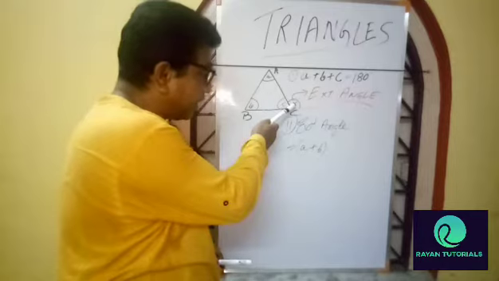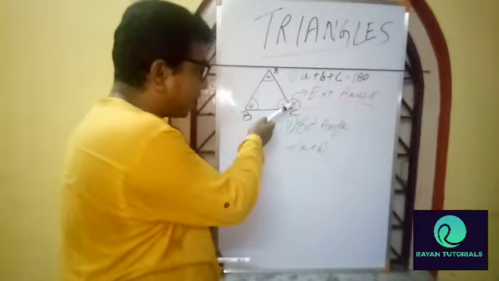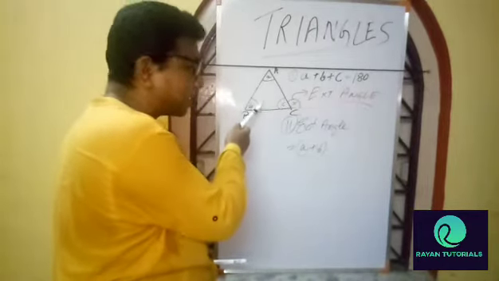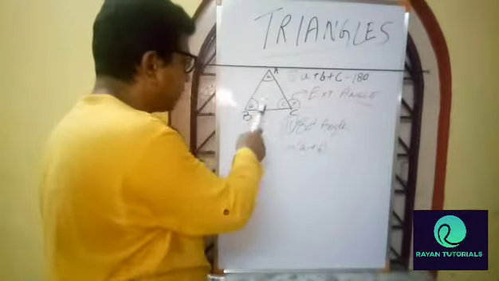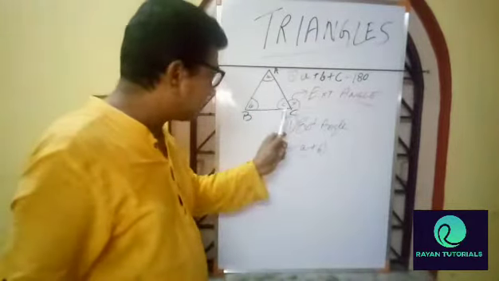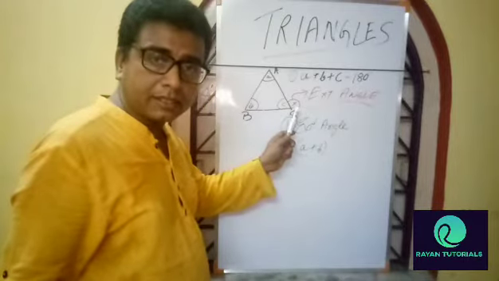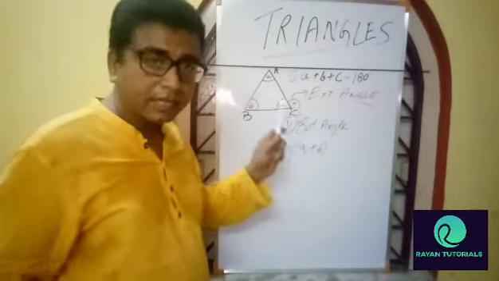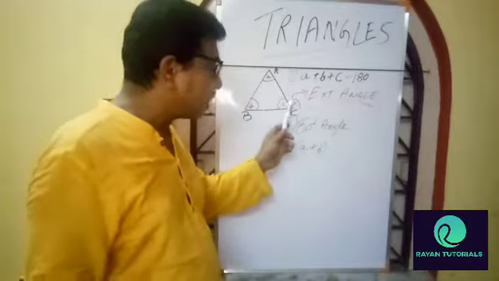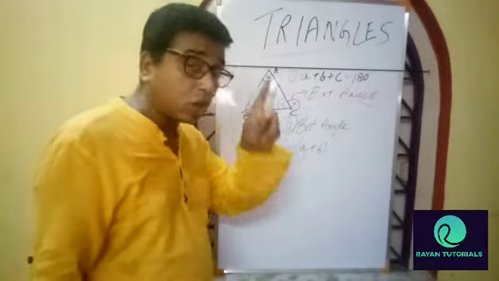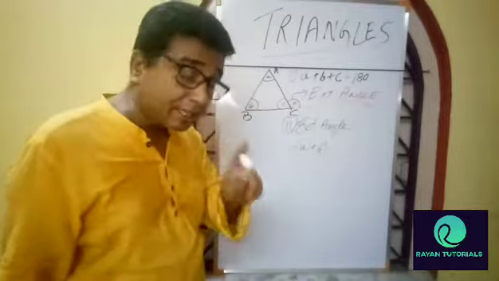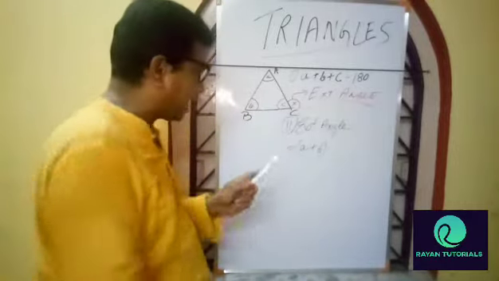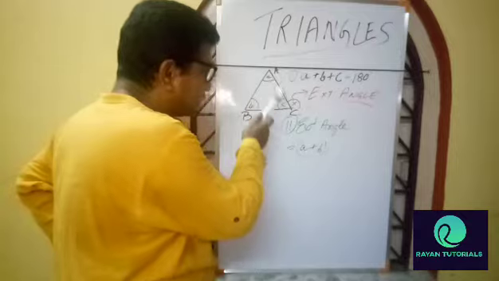See, this is the exterior angle. So the opposite of this angle are this angle and this angle. This triangle has 3 angles, A, B, C. Now this C is adjacent to X. You know what adjacent angles are? Side by side. So C is the adjacent angle, C is not the opposite angle. But the property states the opposite 2 internal angles. So what are the 2 opposite internal angles?